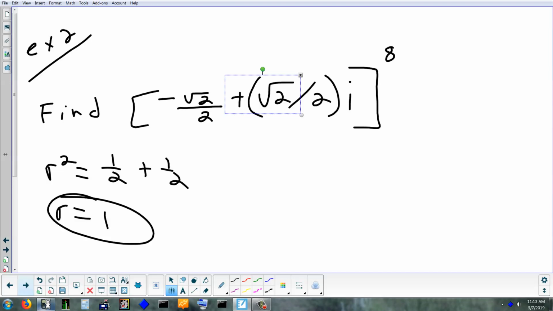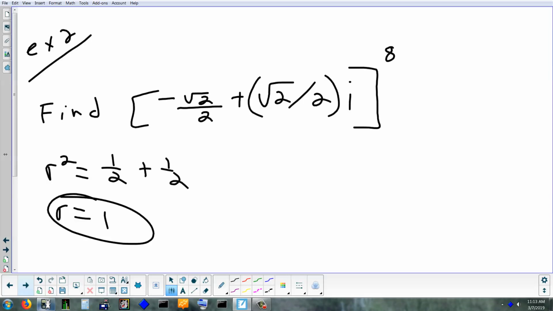Now we need the angle. Now, each leg in the triangle is the same length. So what kind of triangle am I going to be drawing here to find the angle? Yeah. 45, 45, 90. Right, it's going to be an isosceles triangle, specifically a 45, 45, 90, which means this angle that I'm going to find is a multiple of 45.